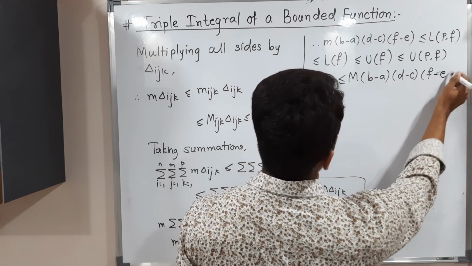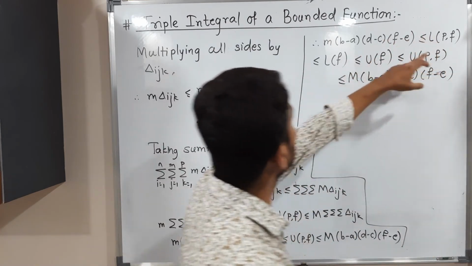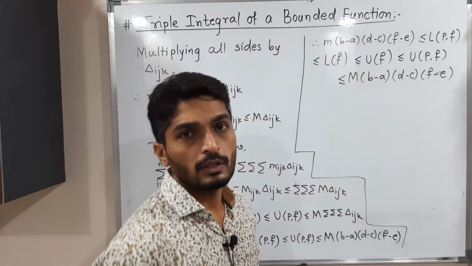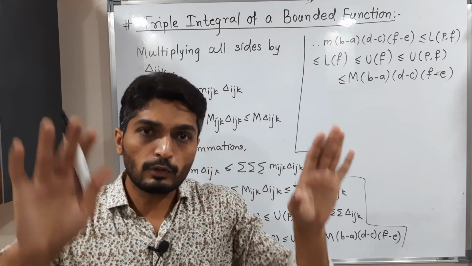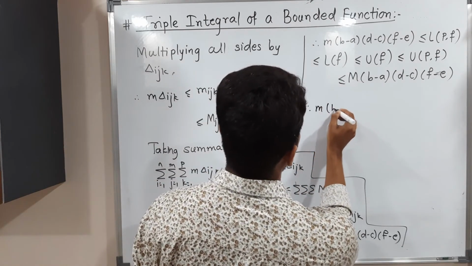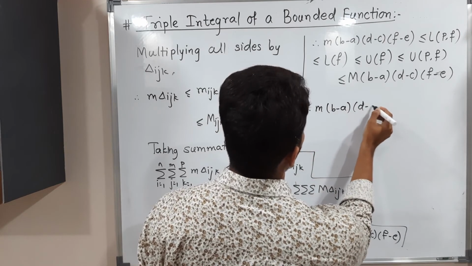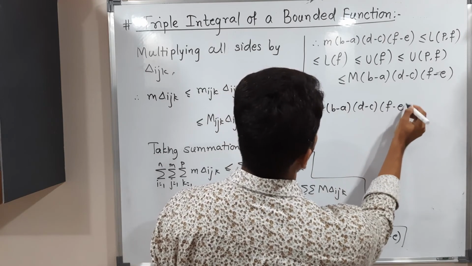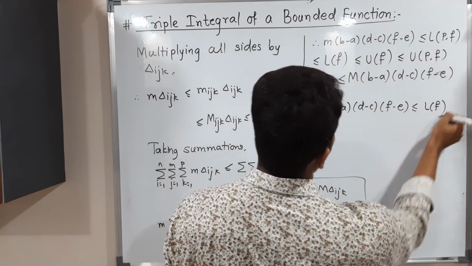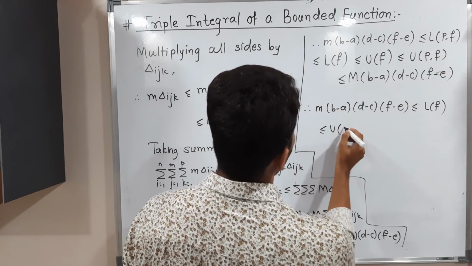So many things we have: a less than b, c less than d, e less than f. So the unnecessary terms I will drop and I will write the inequality. So it will be like this: m times b minus a, d minus c, f minus e, less than, it is not required, I will drop it, LF less than or equal to UF.